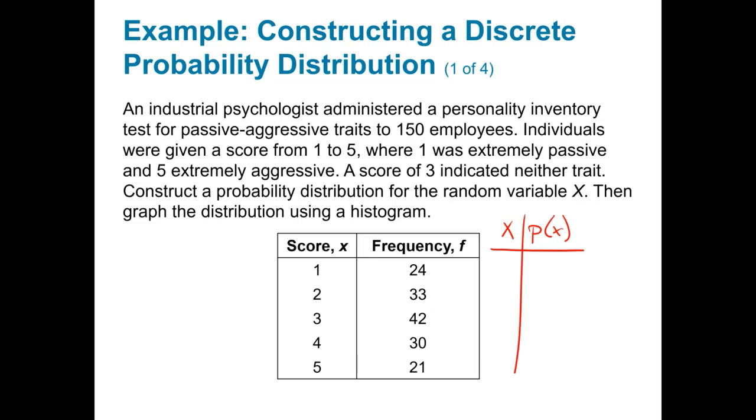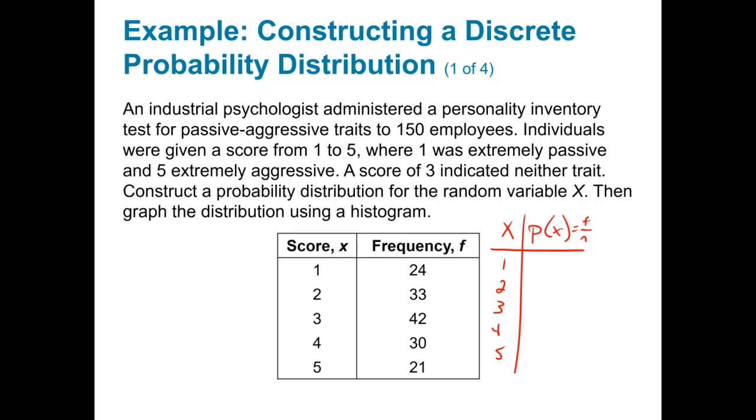In this case, you could only get a 1, 2, 3, 4, or 5 on that test, right? So what you can take on and its probability. So probability is just another way of saying what? That's frequency over n, right? So it's the same thing we did in chapter 3. We're just labeling it a little differently now. Instead of saying this is relative frequency, we're now just saying this is the relative frequency, probability, or probability of x.